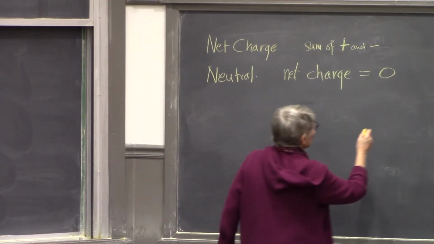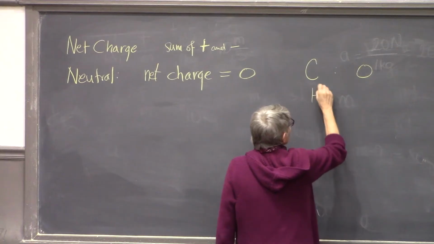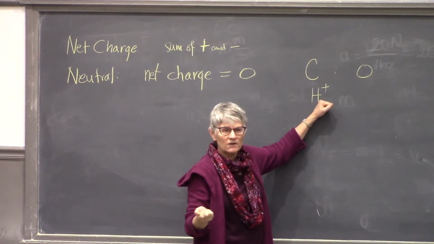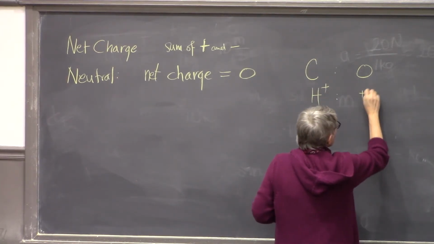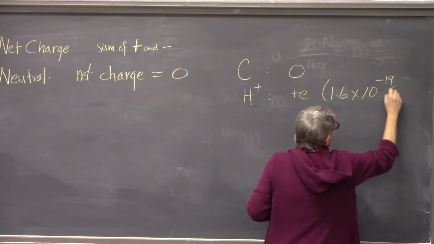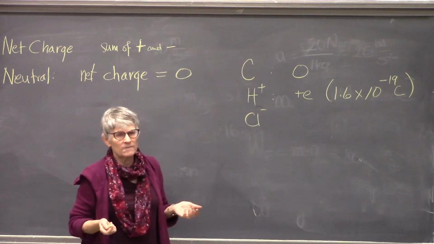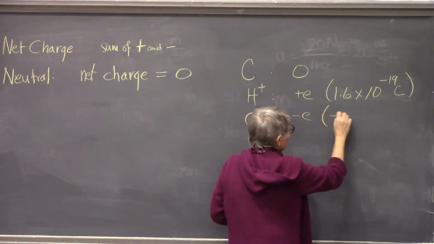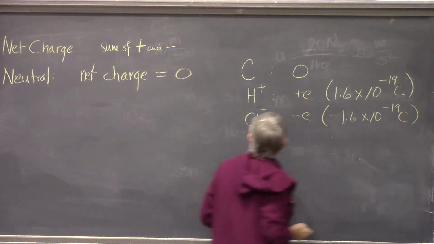So a carbon atom, 0, H plus, it has 1 more proton than electron, so the net charge is +e, which is 1.6 times 10 to the minus 19 coulombs. What's the net charge of a chloride ion? Yeah, so minus e, a minus 1.6 times 10 to the minus 19 coulombs.